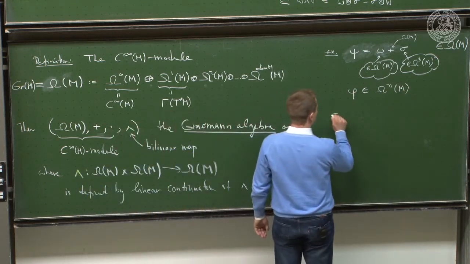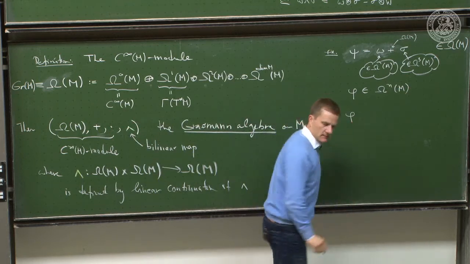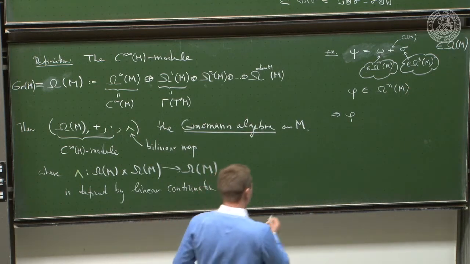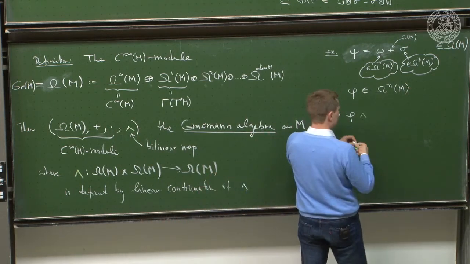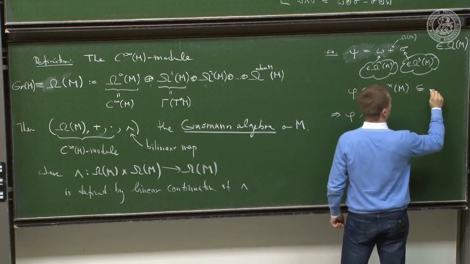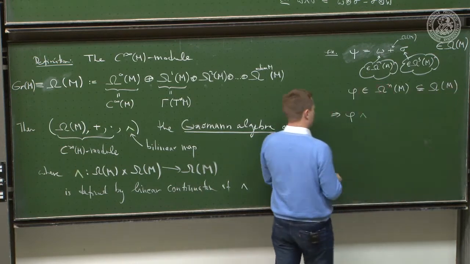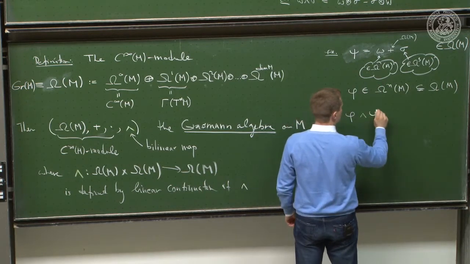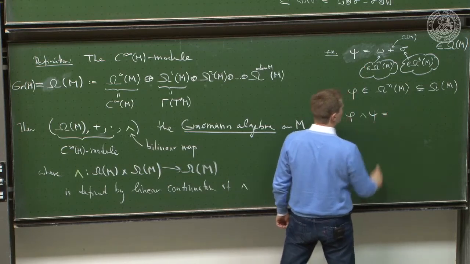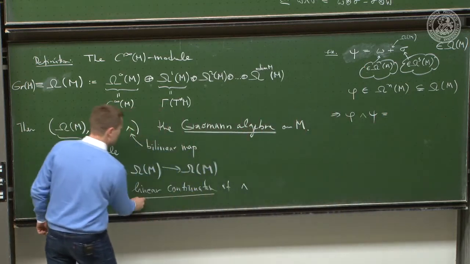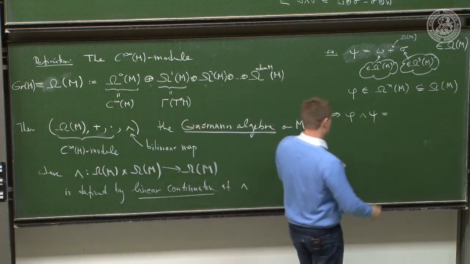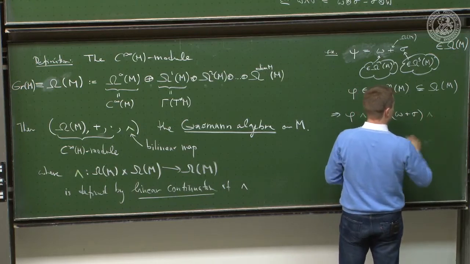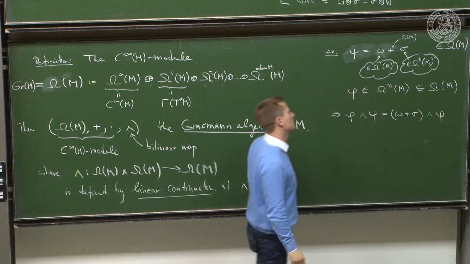And then you have that phi, and now I need my green color, the wedge product between the two, because this is obviously a submodule of Omega of M, so I can use this wedge that acts on Omega of M to wedge these two together. Now the question is, what is this? And this is where linear continuation comes into play. You write down omega plus sigma, the green wedge, and say the phi.